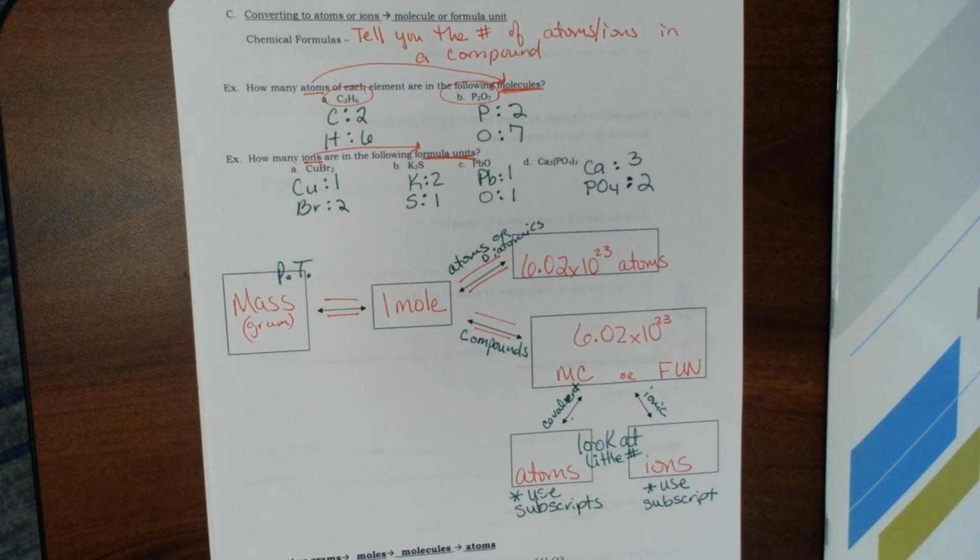I can say this mass of the gallon jug of water equals 1 mole, or however many moles are inside that gallon. Those moles equal Avogadro's number, and if I tell you how many hydrogen atoms or how many oxygen atoms are in it, I can ask you something very specific.